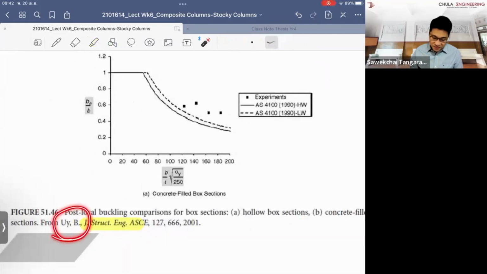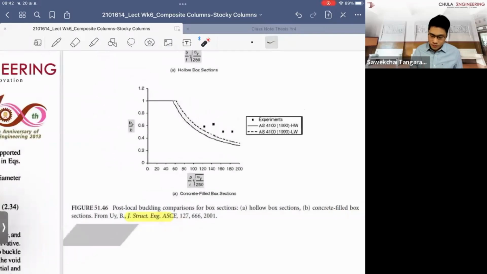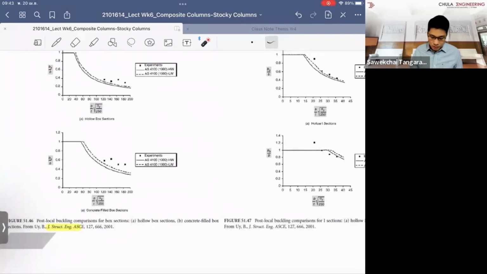This one is by Professor Brian Uy. Brian Uy is one of the leading professors doing research in composite areas, and he's the one who taught me this subject 20 years ago. Later, when I went back and joined the University of New South Wales as an academic, we became good colleagues.